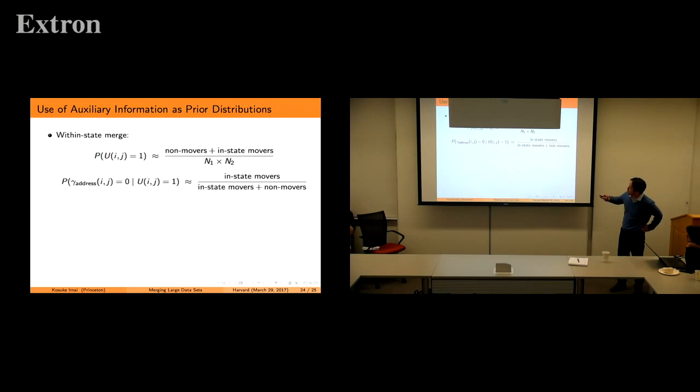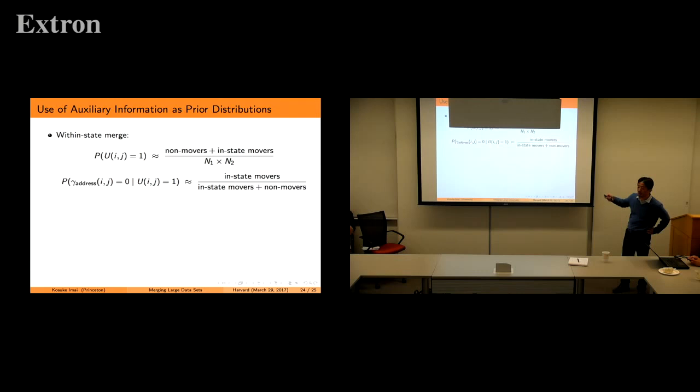For example, if we know non-movers and in-state movers, the proportion of people who are matched within the state is a combination of the people who didn't move and people who moved within the state. So we can use that to inform the parameter.